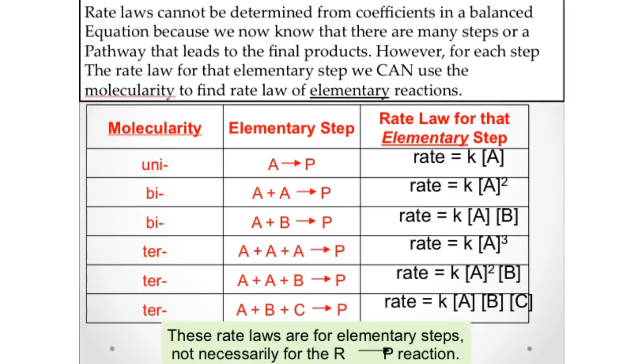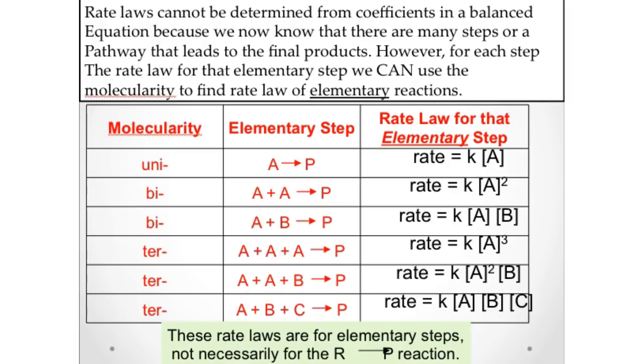So we learned in the past that rate laws cannot be determined by the coefficients in a balanced equation. And now you guys know why, because reactions are not going to happen in a very specific way, because they have multiple steps that they undergo in order to achieve those products.